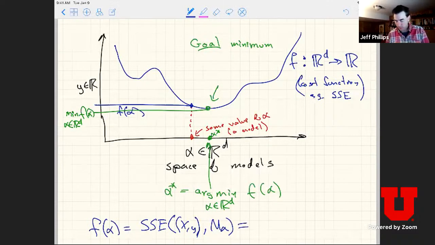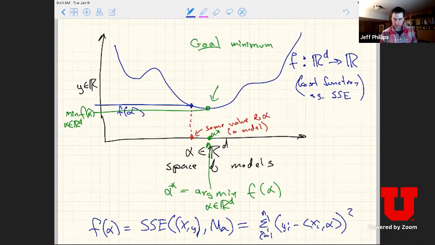Just to make this concrete, this is equal to the sum from i equals 1 to n, where there are n data points, of (y_i minus the dot product between x_i and alpha) squared. This is basically what the linear regression function looks like, but it could be other functions like this.